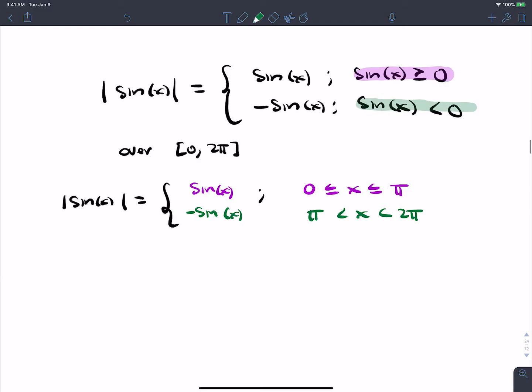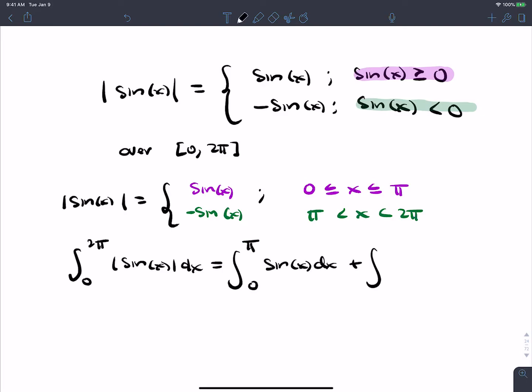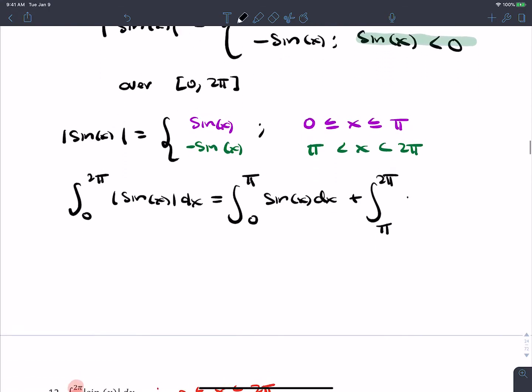So the area here is going to be, if I look at this, we're going to integrate 0 to 2 pi. Absolute value of sine will be the integral from 0 to pi of sine dx plus pi to what? 2 pi. And this is going to be what function? Negative sine dx.